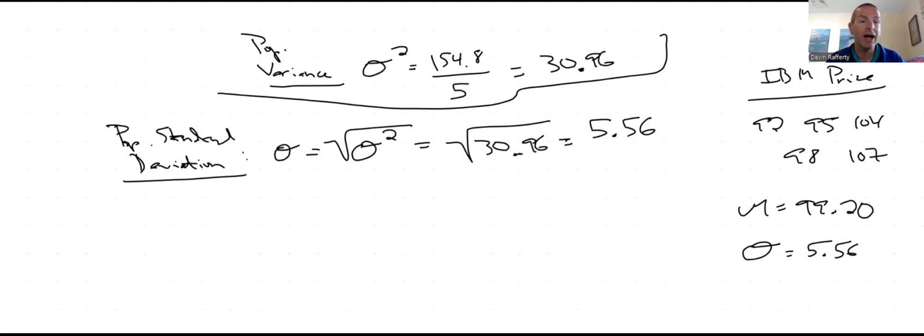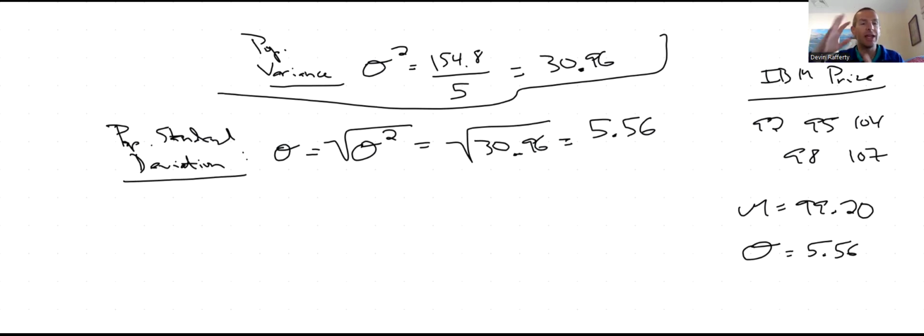Or if we wanted to do height, on average a male height tends to be 5 feet 9 inches tall with a standard deviation of 3 inches. So most men are between 5 feet 6 and 6 feet tall, which sounds about right, give or take. That's what it's telling you.